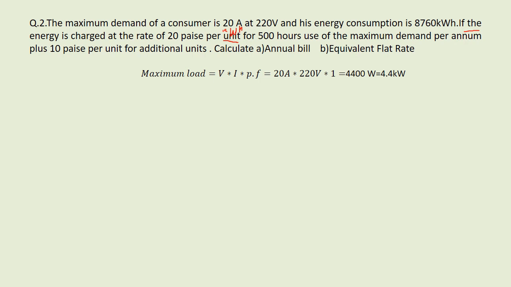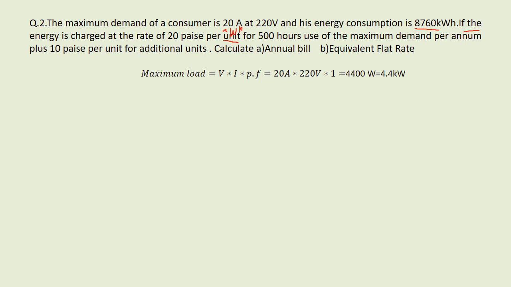Now we need to find out how much money we are charging at 20 paise and how much at 10 paise. Here the total energy consumption is given as 8760. So we just need to convert this maximum demand into kilowatt hour. It is already given as 500 hours.